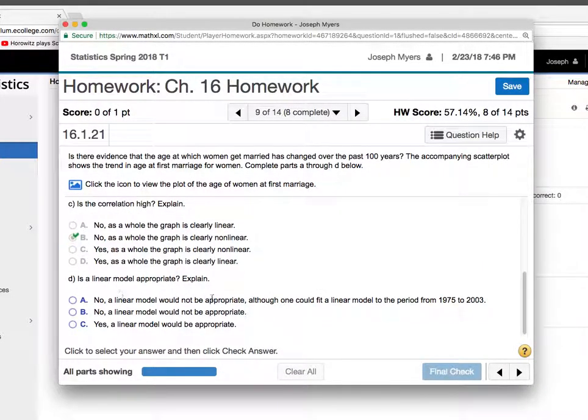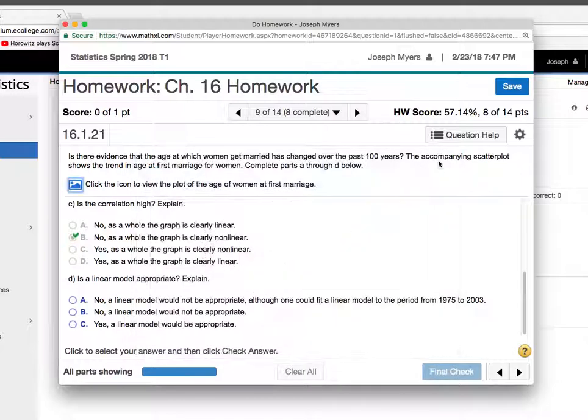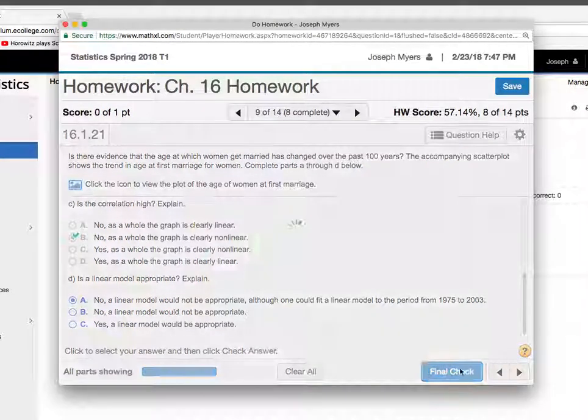So linear model is not appropriate. However, remember, this part is linear and then this other part is linear. So if you broke it into two parts from, like, for example, from 1975 to 2003, it would work. But you could not fit a linear model, in other words a line, onto the entire graph of data.